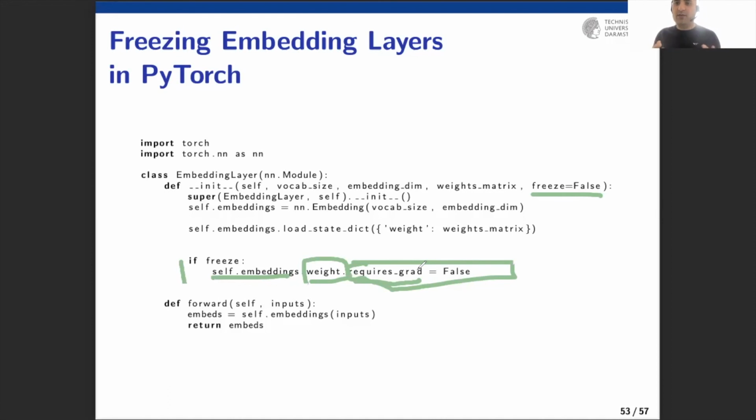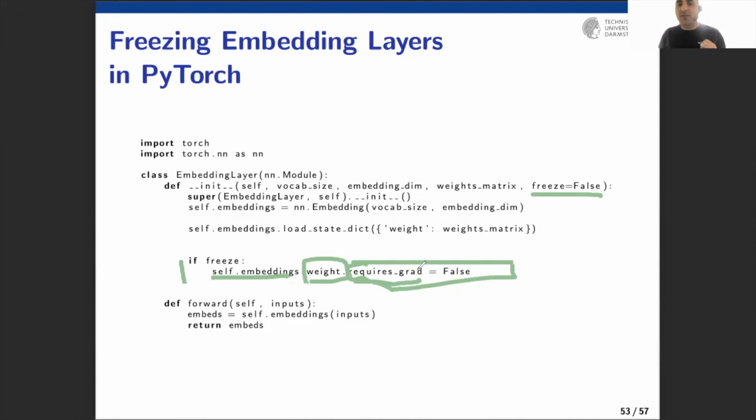So any variable or parameters that we have in PyTorch are supposed to be updated during training, because by default their requires_grad property is true, unless you set that property to false. This is what we are doing in the embedding layer. When we are initializing an instance of our embedding layer, we define it like this.